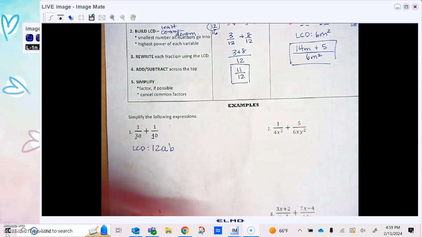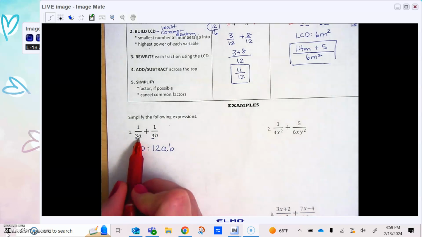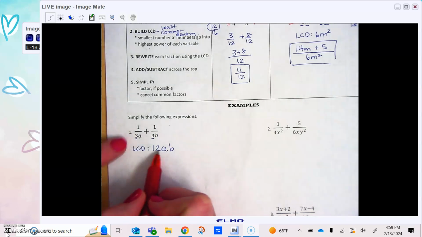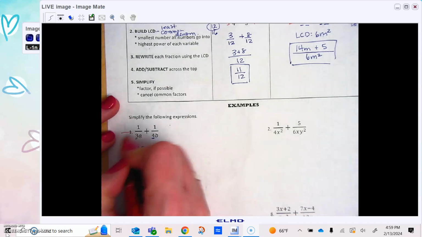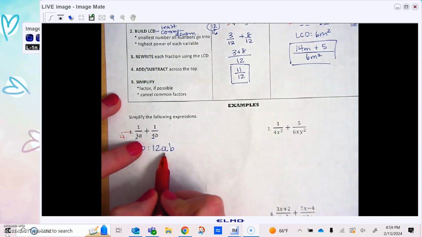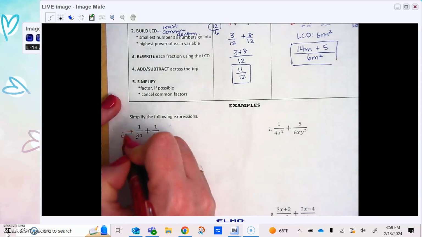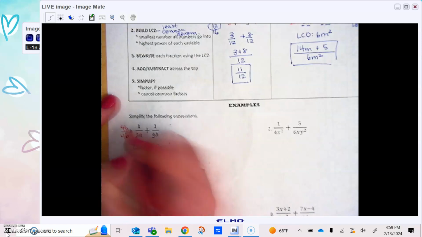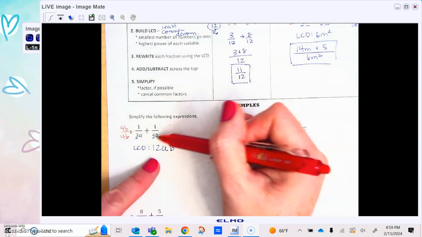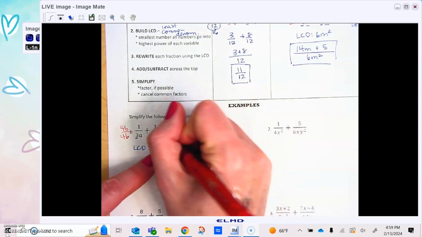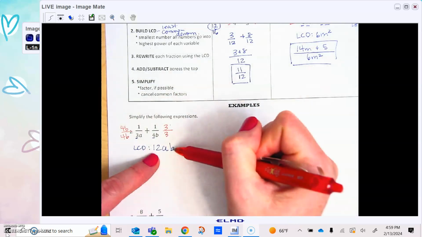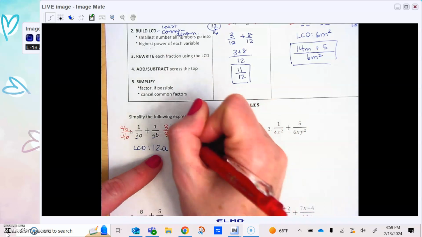So now for this first fraction to get 3A to look like 12AB, I'm going to multiply the 3 by a 4. And it already has the A, but I need a B there, top and bottom. And then for this one, to make the 4 look like 12, I'm going to multiply by 3, top and bottom. And then this one already has the B, so it needs an A.